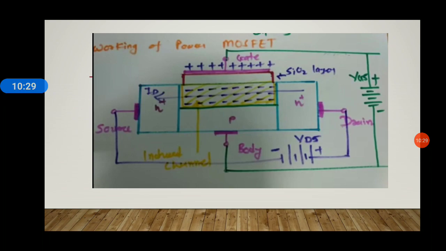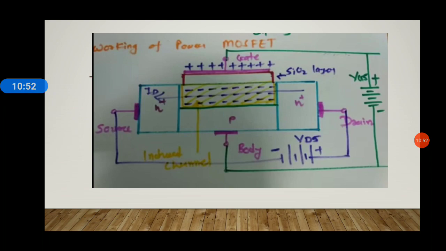The electrons will start flowing towards the drain. And as electrons flow, we know the direction of current is opposite to the flow of electrons. That is, we will have an ID flowing from drain to source. This is our output current.